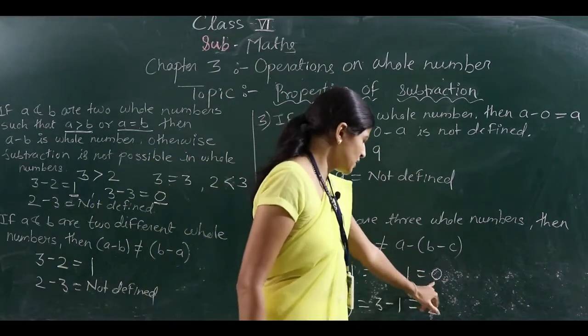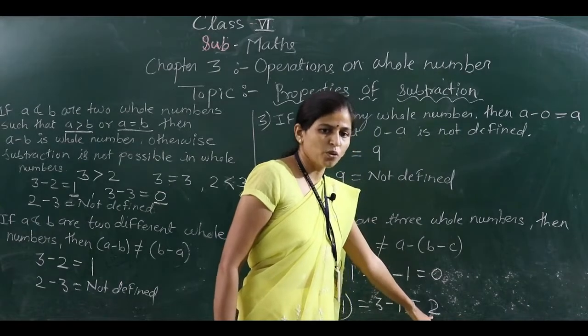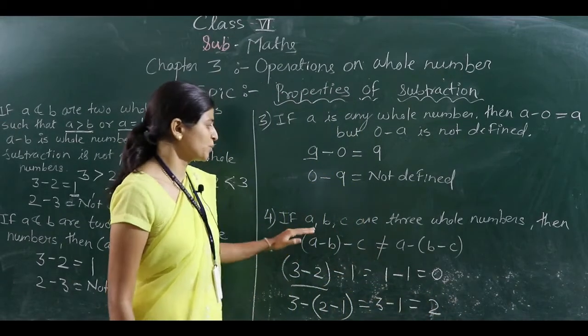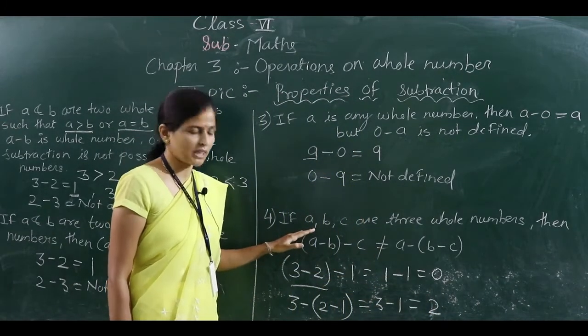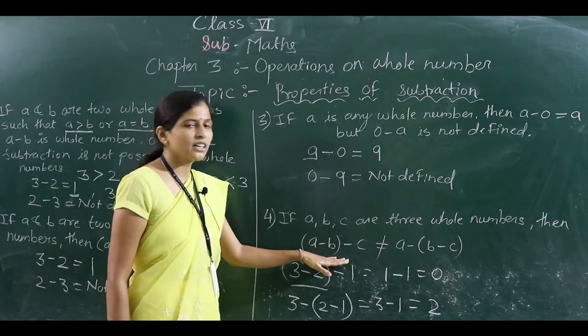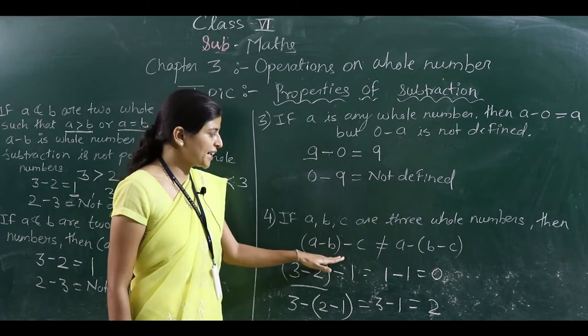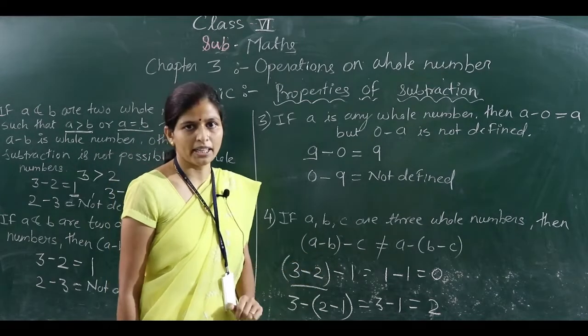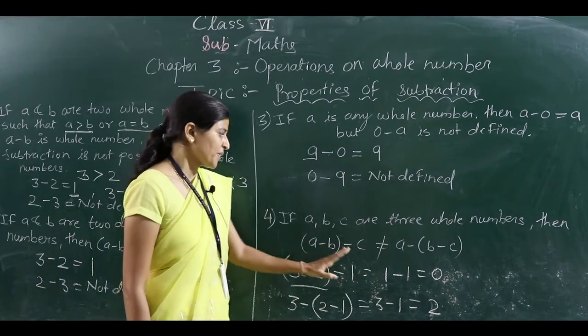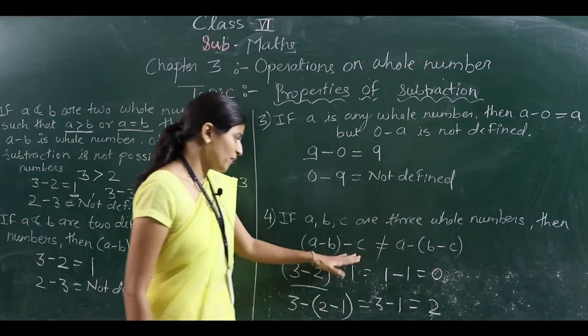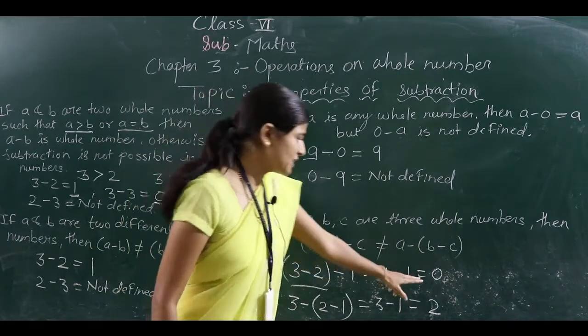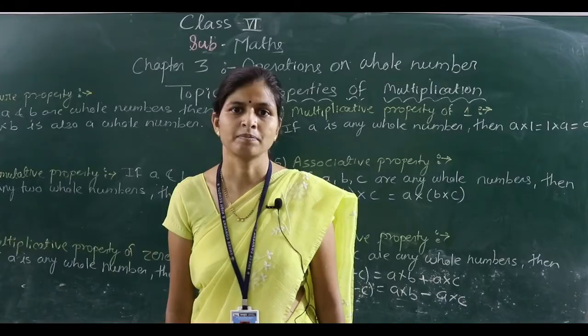Here we get answer 0 and here we get answer 2. This property is called the associative property, which means interchanging the brackets. So the associative property does not hold good for subtraction. In addition we can interchange the brackets, but in subtraction while interchanging the brackets we do not get the same answer.